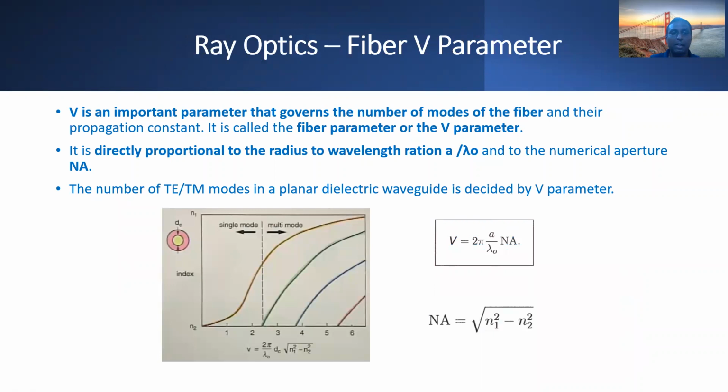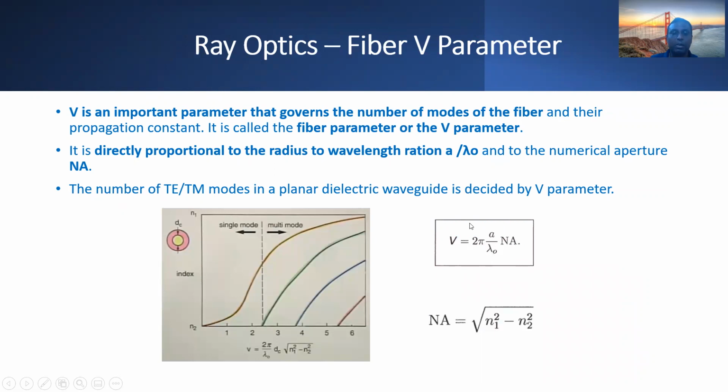Fiber V parameter. V is an important parameter that governs the number of modes of the fiber and their propagation constant. It is called the fiber parameter or the V parameter. It is directly proportional to the ratio of the radius a to the wavelength, and the numerical aperture NA. The number of modes in a planar dielectric waveguide is decided by the V parameter. V is given by 2 pi a over wavelength multiplied by the numerical aperture NA.